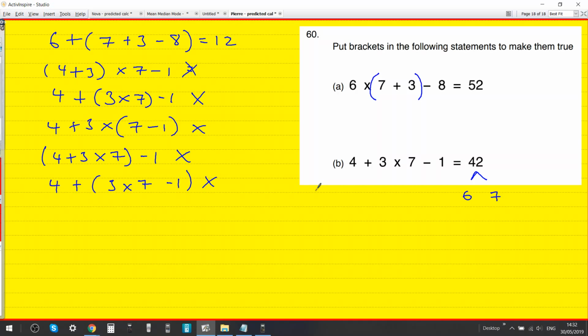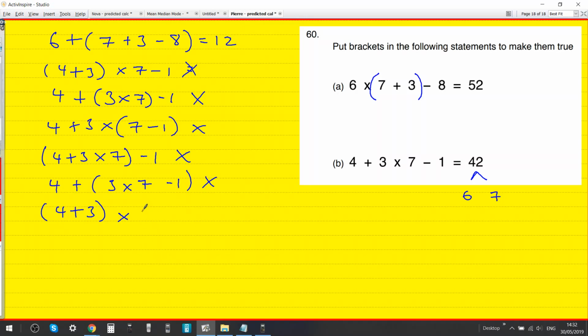I'm thinking brackets 4 plus 3, close brackets, and then another bracket for 7, and then minus 1. Yeah. Oh, no, that's wrong. 48. So yeah, that was the second.